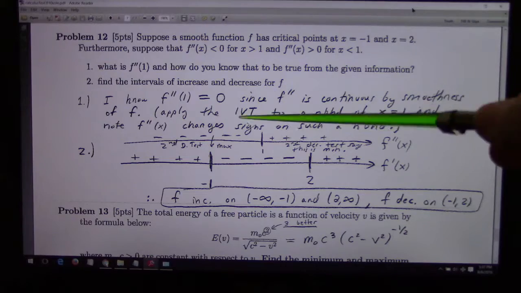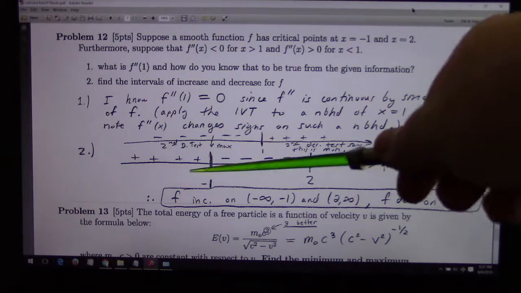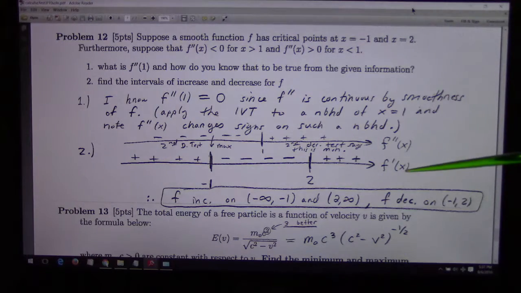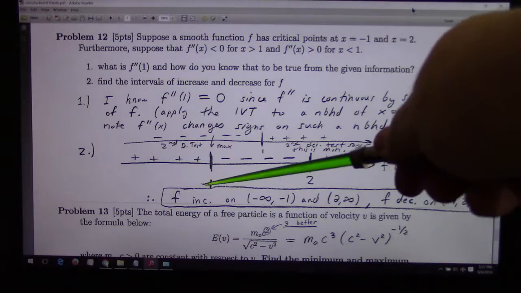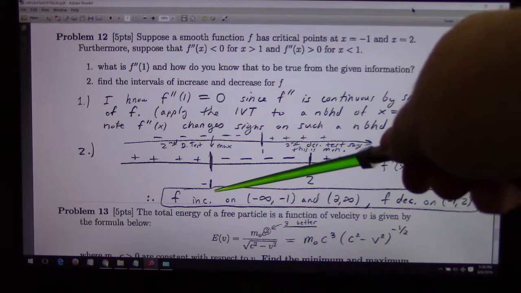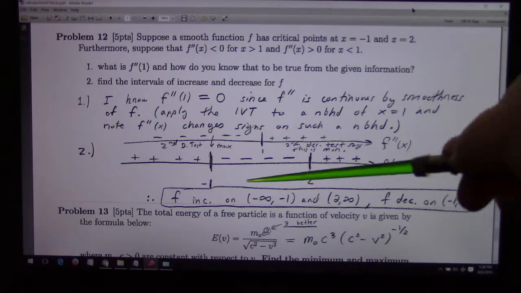So if you look at that, then here's the sign chart for f'', and here's the f'. How did I figure this out from that? Oh, because I'm given that -1 and 2 are critical points, right?